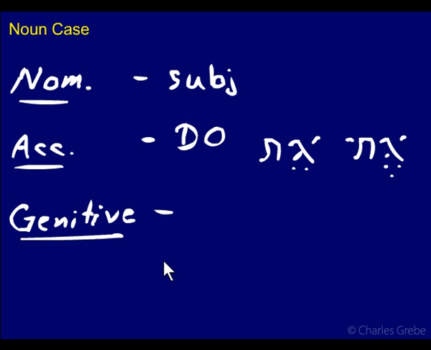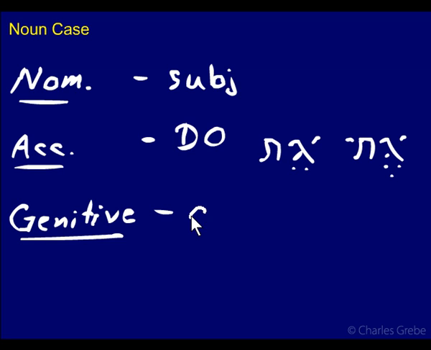Now possession is a subset of the genitive. It's one type of genitive. The way to think of genitive is not simply as possession. That's how people often think of genitive when they first encounter it. But it's more than that.